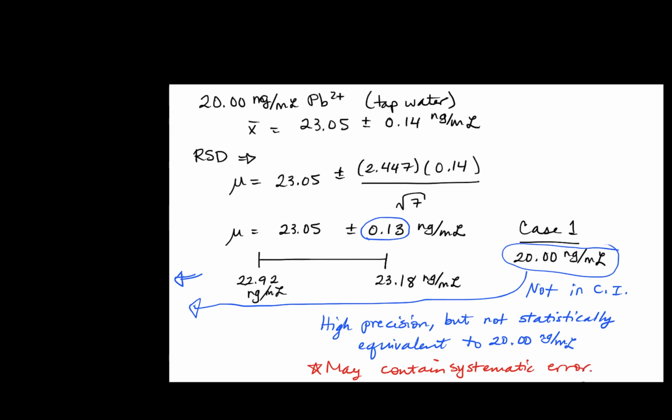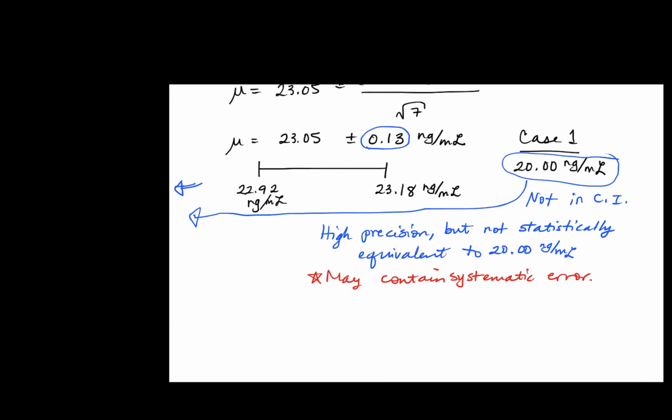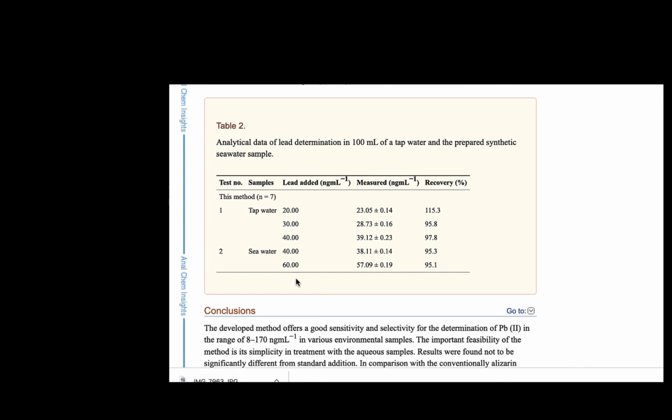If you calculate the confidence intervals for the other samples, I'm going to go ahead and switch back over. You will find, unfortunately, that none of the other levels have a confidence interval that contains the spike that we included here. Now, this does not mean that their results are not important.